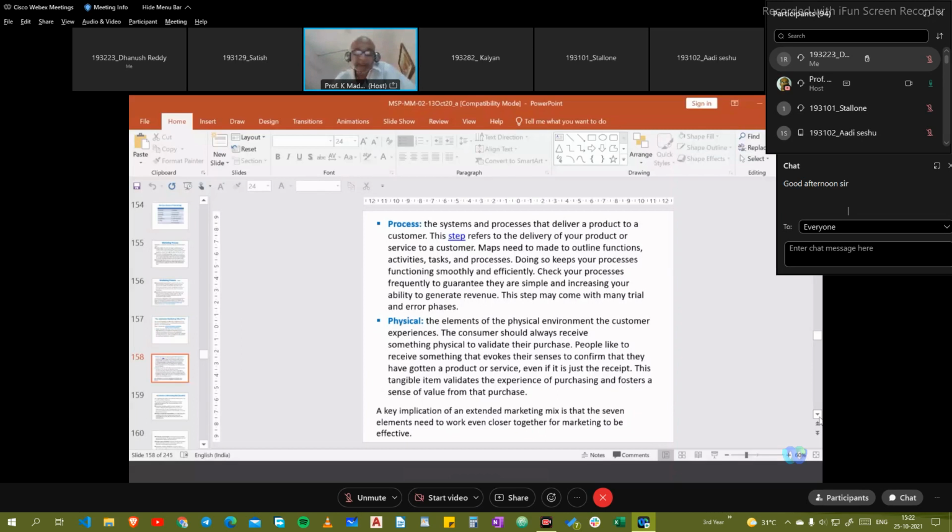Then the physical environment. The physical environment is to make the customer feel happy, confident, and have trust in the product and the process of the organization that they are coming to.